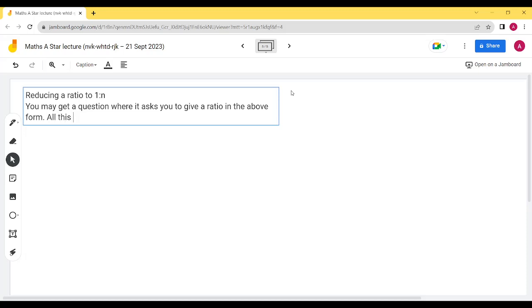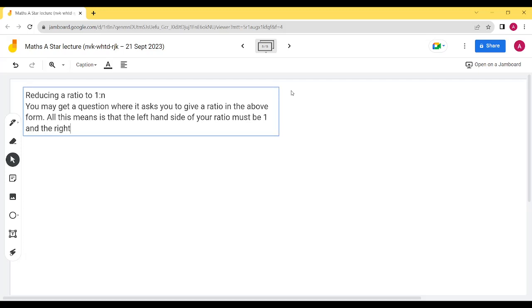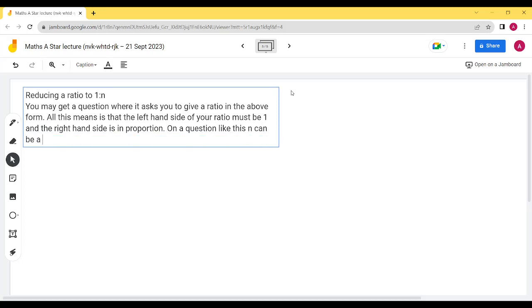And all this means is that the left hand side of your ratio must be 1 and the right hand side is in proportion. On a question like this, n, so the number on the right, can be a decimal or fraction, either way depending on how you write it, as long as it's in proportion.